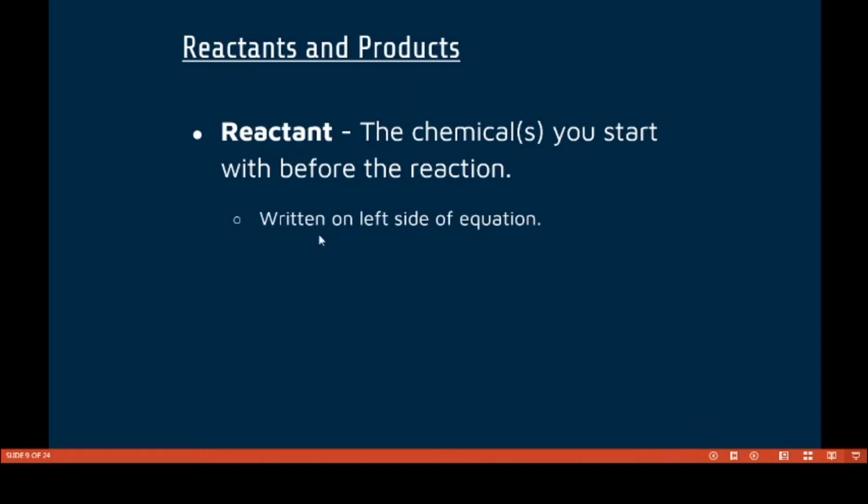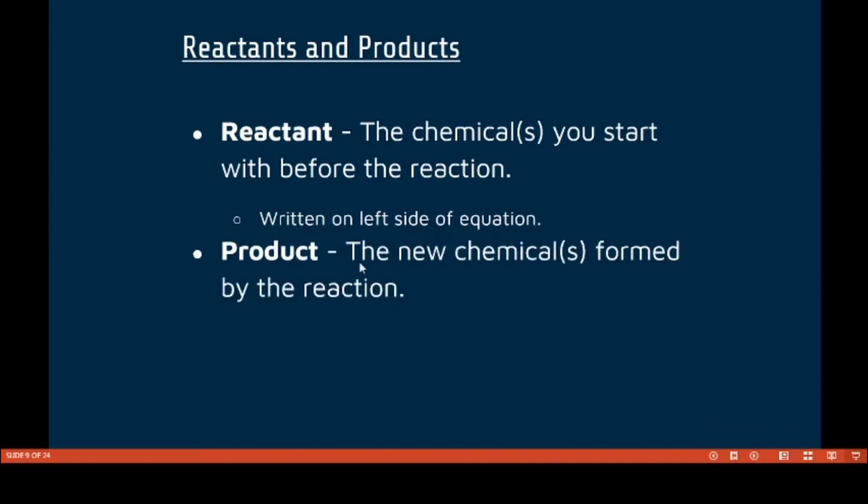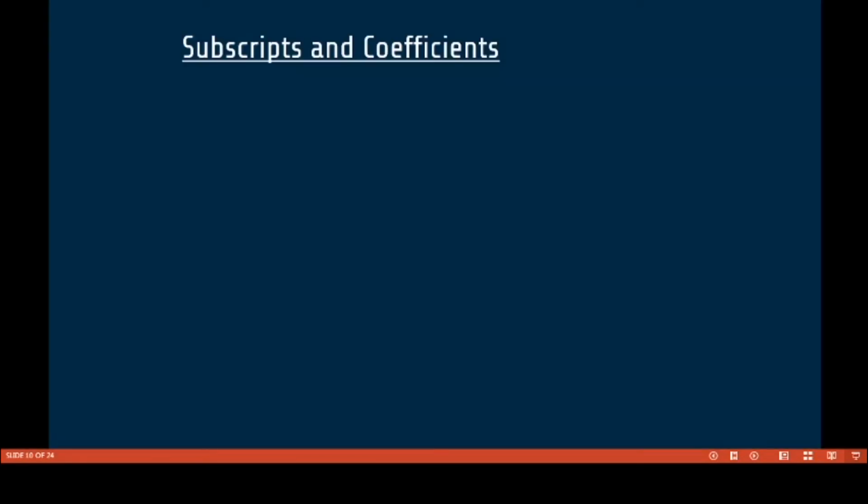The reactant is written on the left side of the equation. Product means the new chemicals formed by the reaction. This is the right side of the equation, so you write the product on the right side.